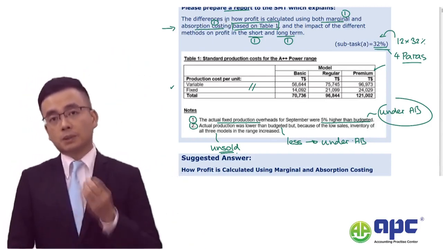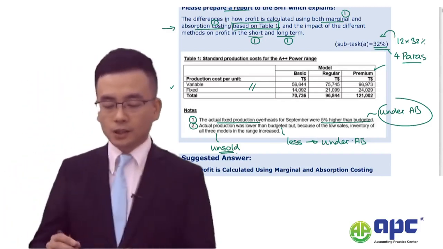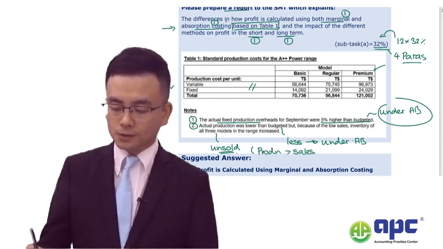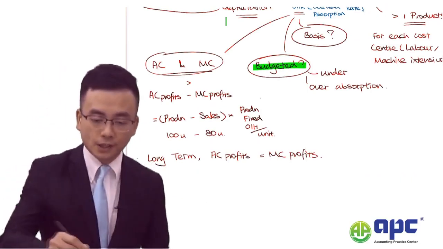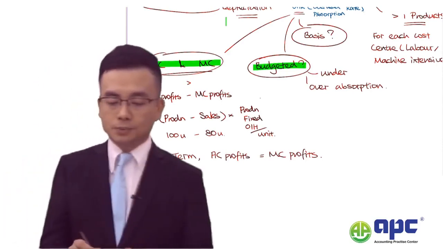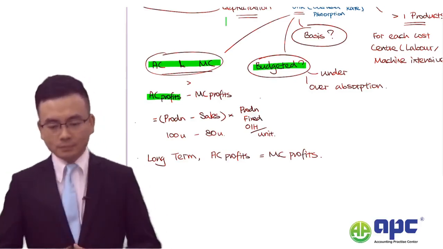Now this means that production is higher than sales, okay? So if production is higher than sales, what are they testing you about? Testing you about the differences between absorption and marginal costing. Talking about absorption costing, profit will be a lot higher during the year.